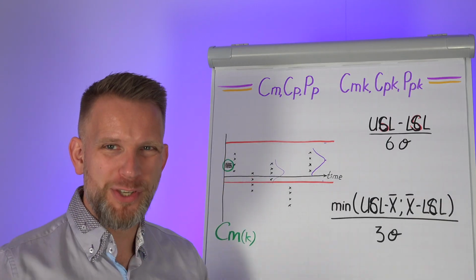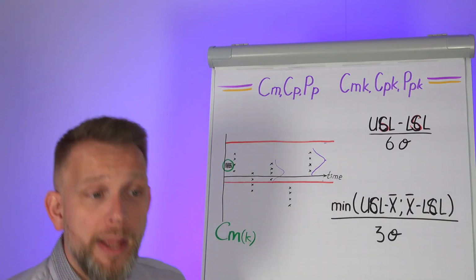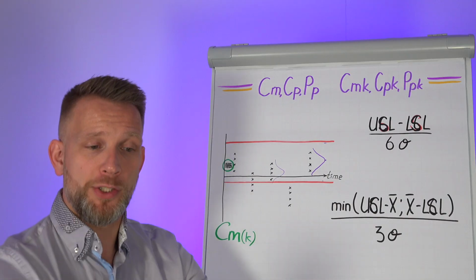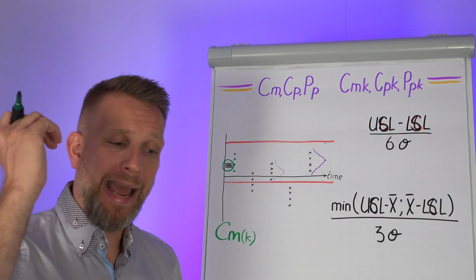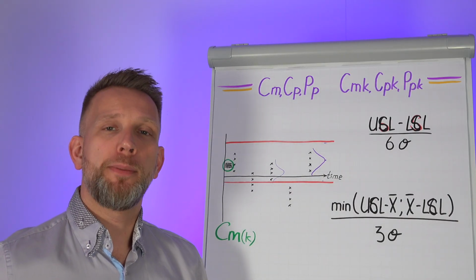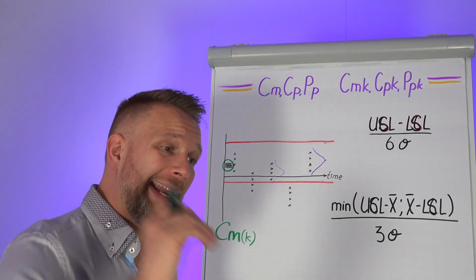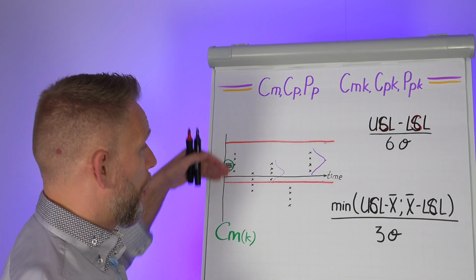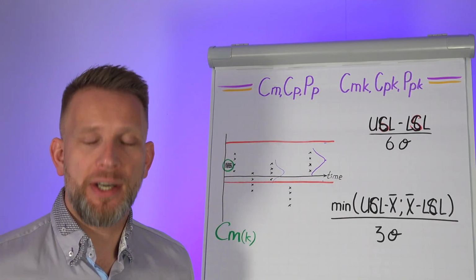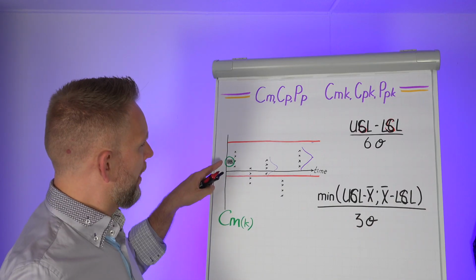So just make sure you're at the start of a material batch, and you just take 30 products off the belt. And those are the ones you're going to be checking and then determining how much variation is in there, what is their standard deviation.